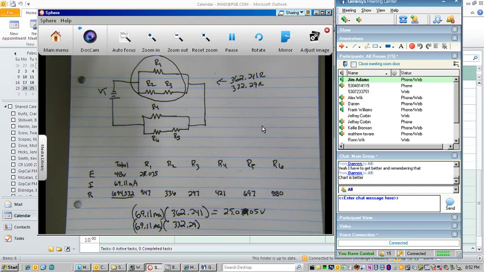Now for the bottom branch, it had a resistance of 332.29. Okay, and it sees the same current.